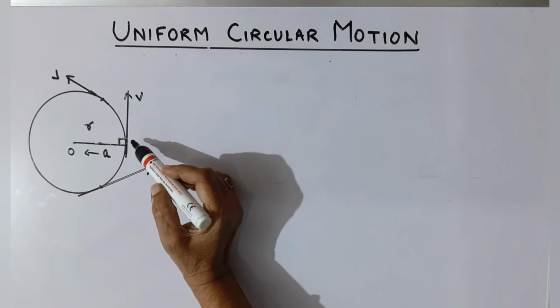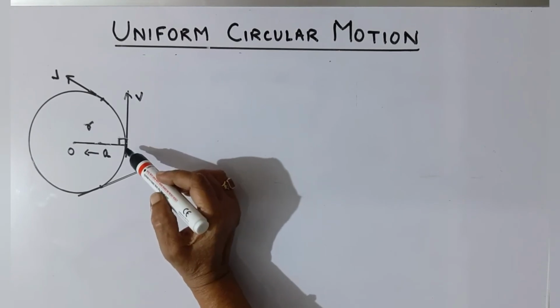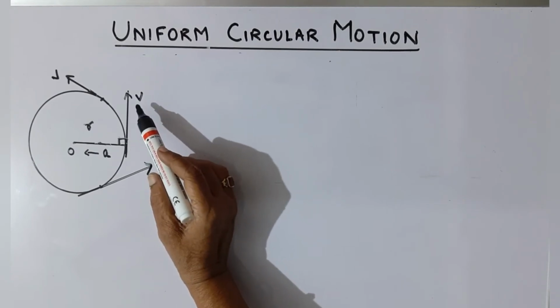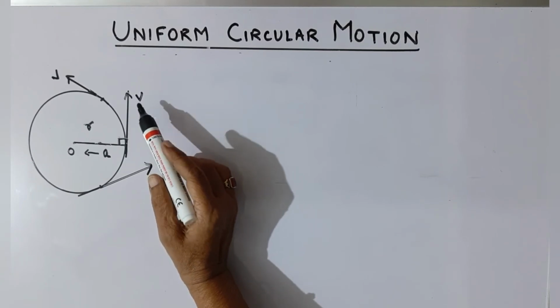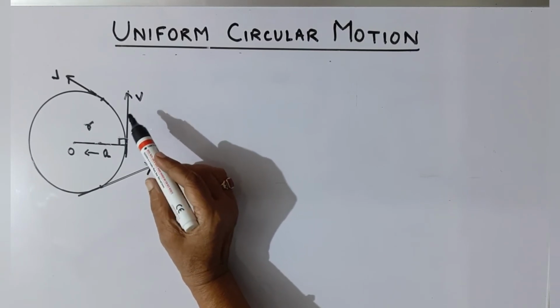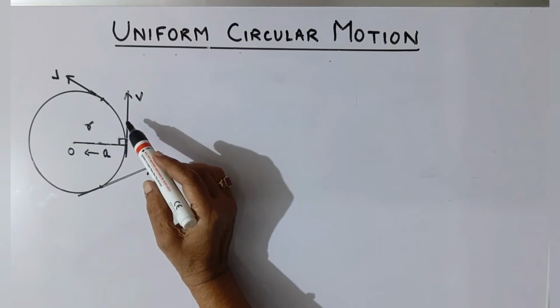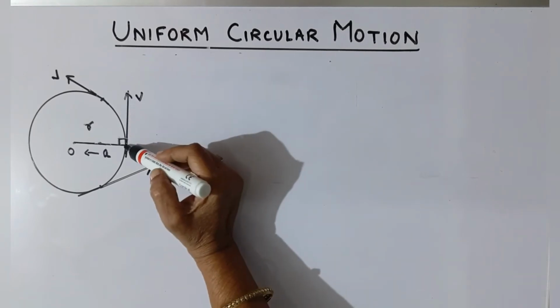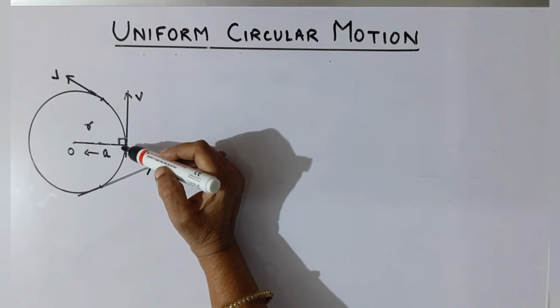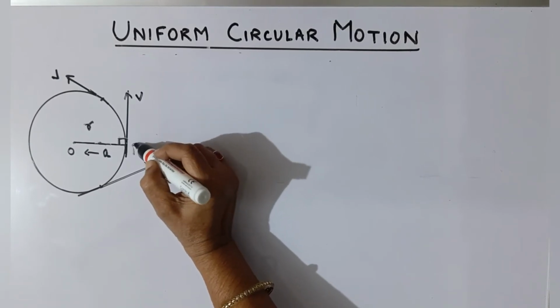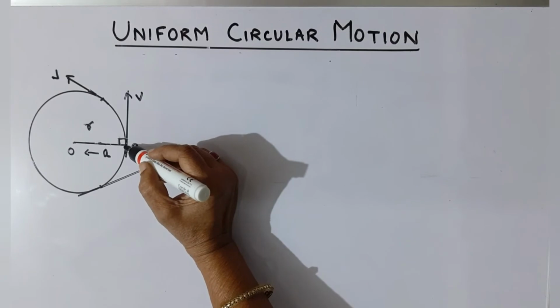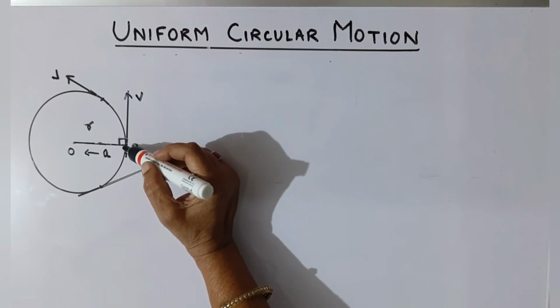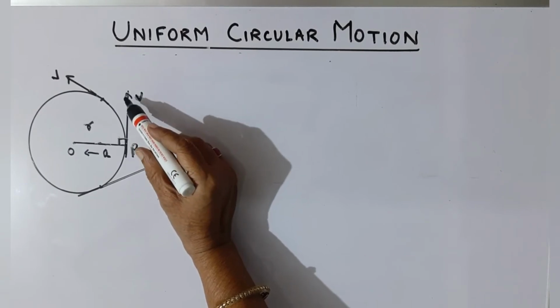Let us suppose that it is moving with a constant speed and the velocity is v. That is, the magnitude of the velocity is constant. In such a motion, the velocity is always directed towards the tangent of the circle at that point. So if P is a point, when the object is at point P, its velocity is directed towards the tangent.